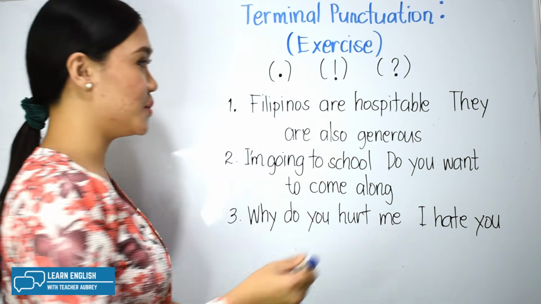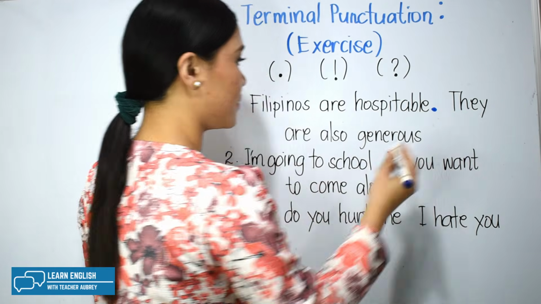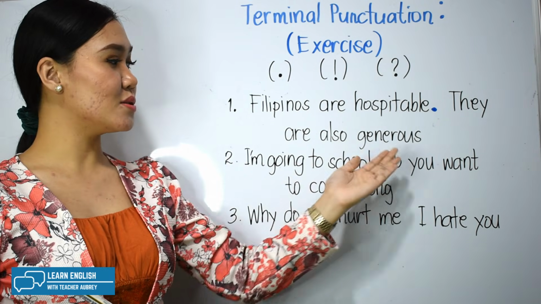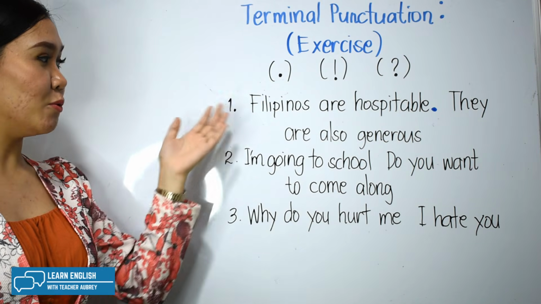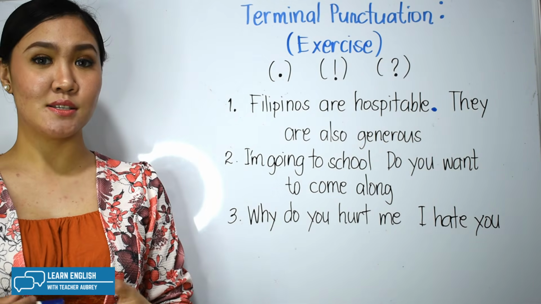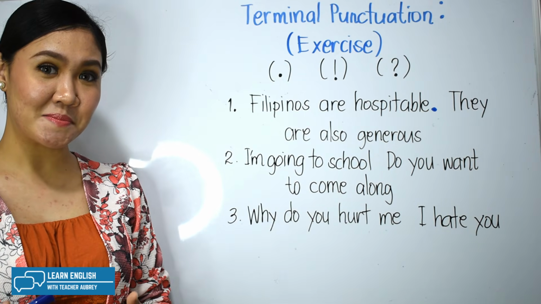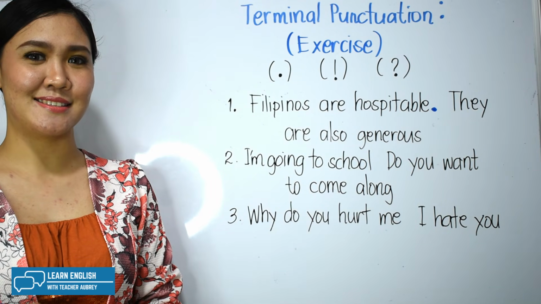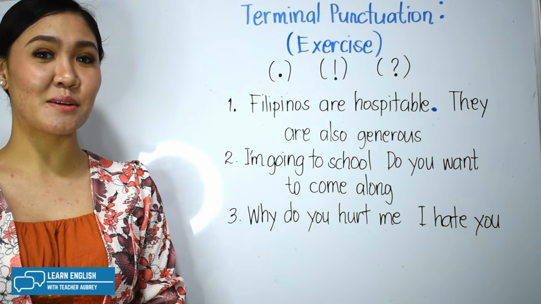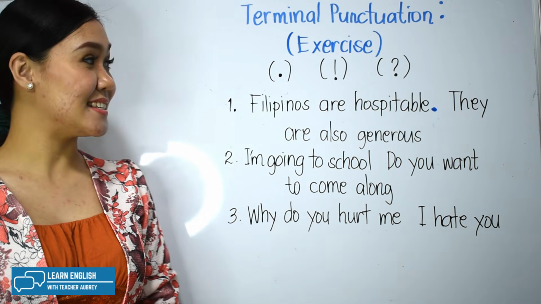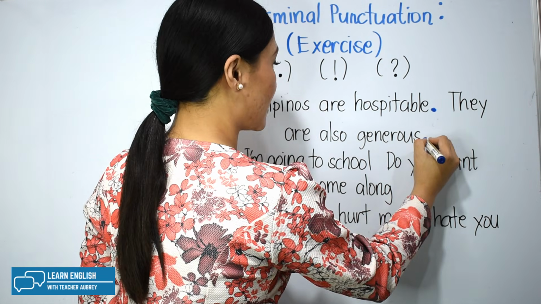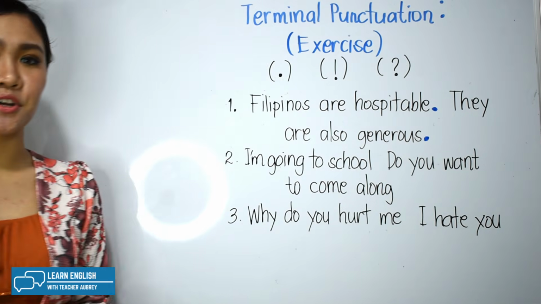We have to use period at sinundan ng they are also generous. Kahalintulad ng unang pangungusap, itong second sentence na they are also generous is also a kind of declarative sentence na nagpapahayag ng detalye or nagsistate ng particular information na sila rin ay mapagbigay. Dahil declarative sentence siya, gagamitan din natin ng period.